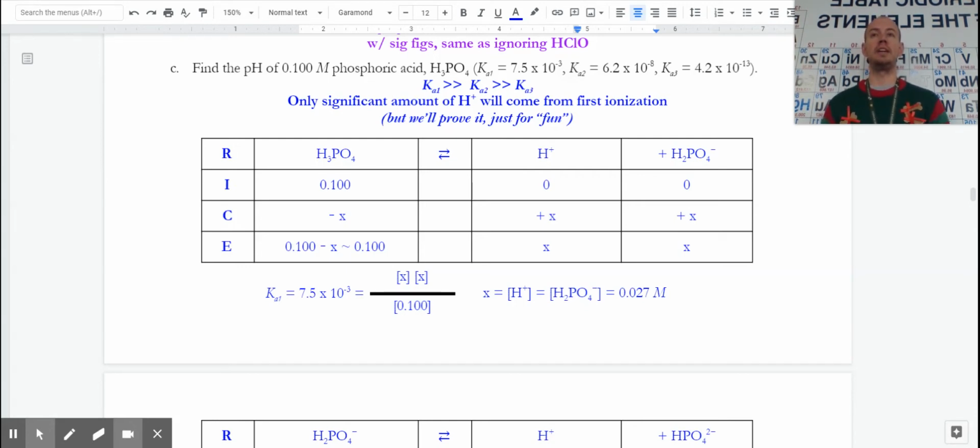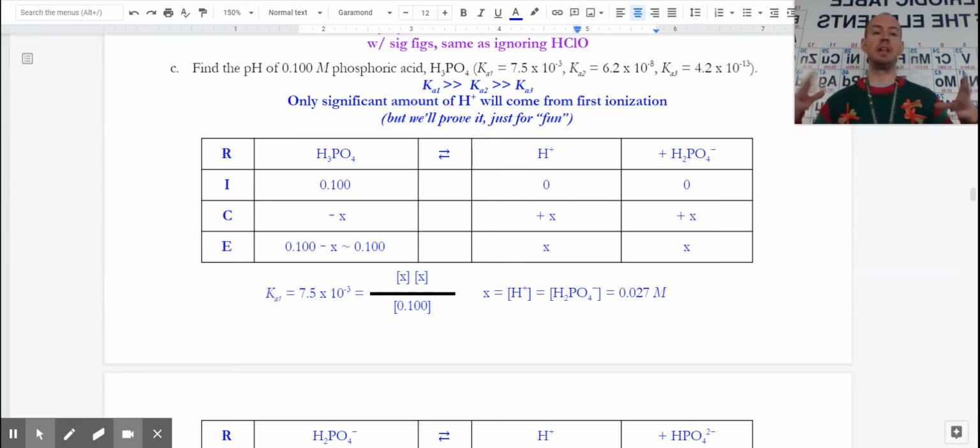What's important to note here, conceptually, even though this is the strongest or the biggest ionization of all of them, we only have 0.02, or rounding off 0.03, moles per liter of the two products of that ionization, and it's still 0.97 even if we do our subtraction, or 97% this and less than 3% of these.